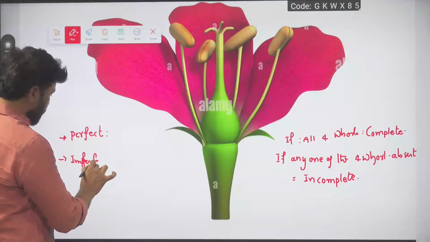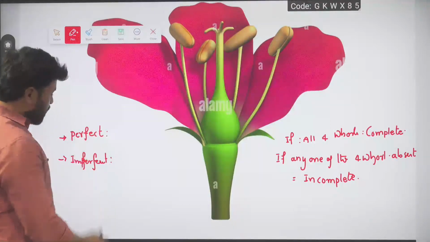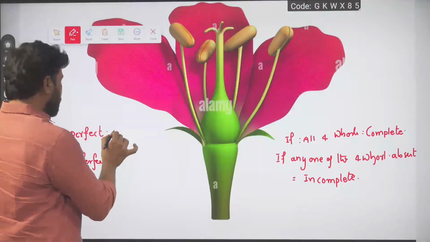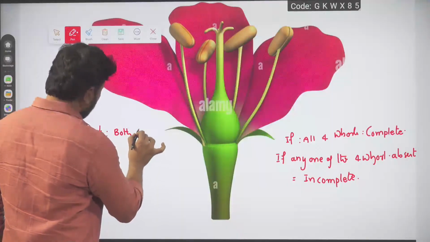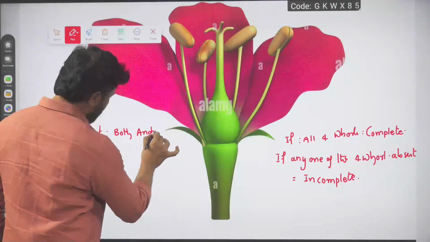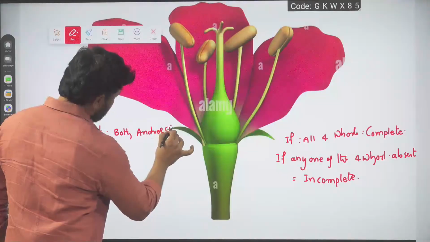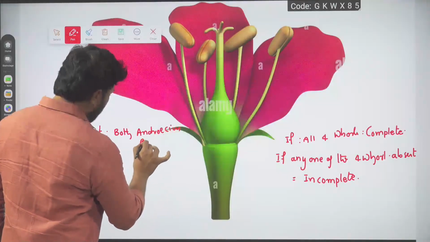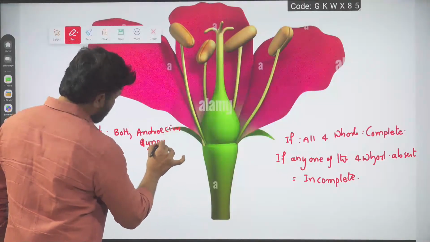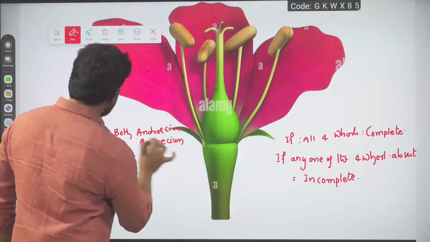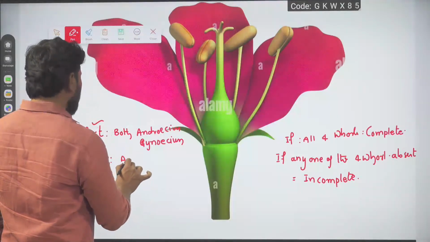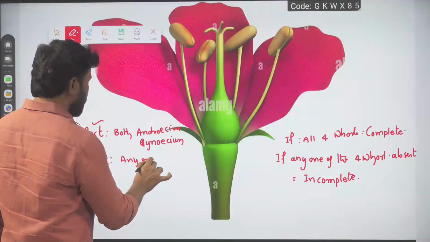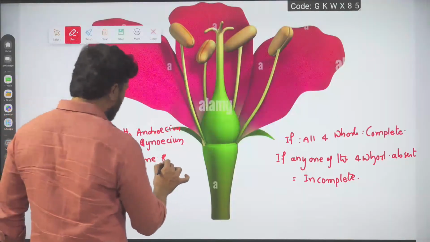Perfect means both androecium and gynoecium are present. Imperfect means any one essential organ is missing.